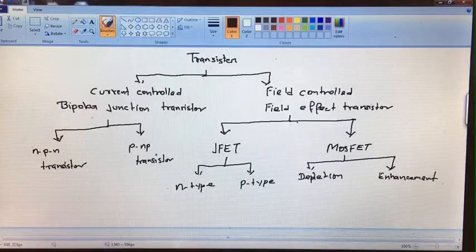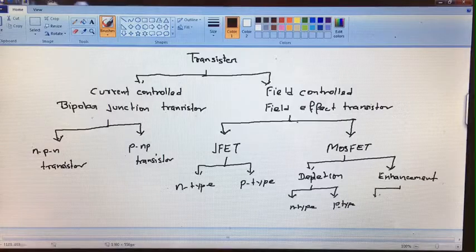JFET stands for junction field effect transistor. MOSFET is metal oxide semiconductor field effect transistor. In depletion type MOSFET, there are also two types, N type and P type.